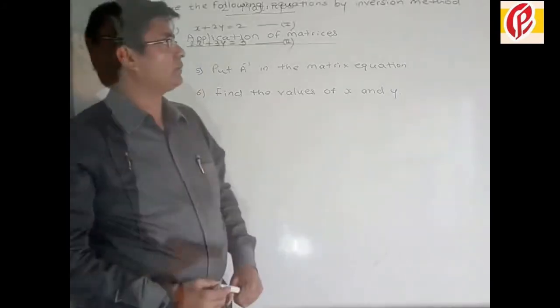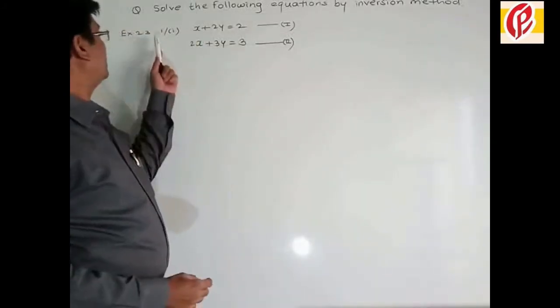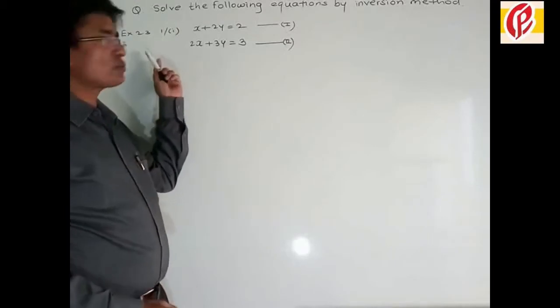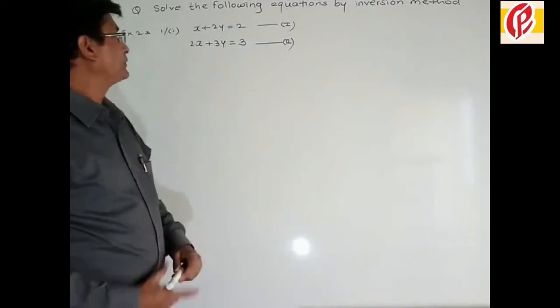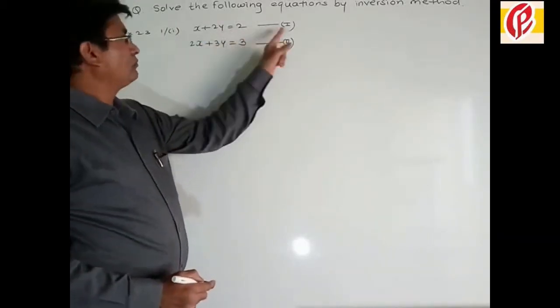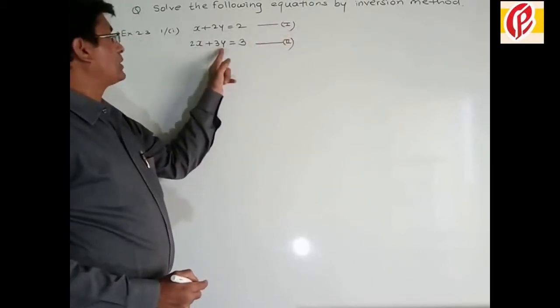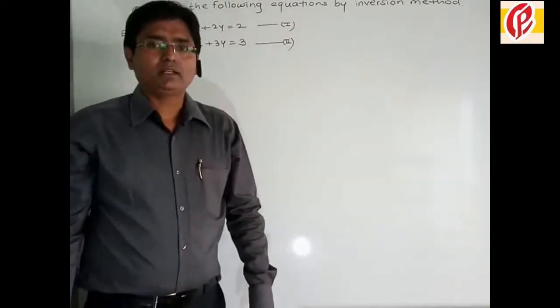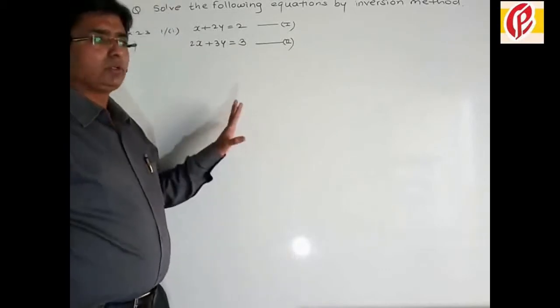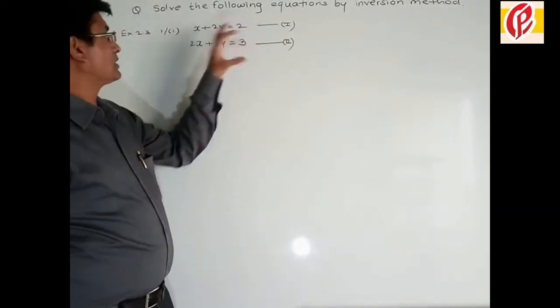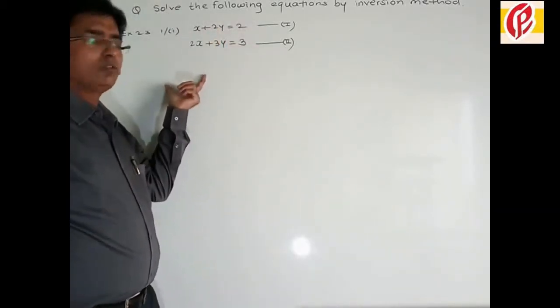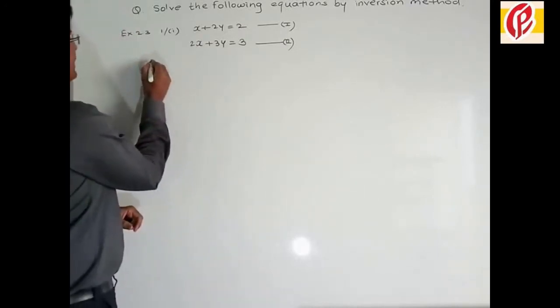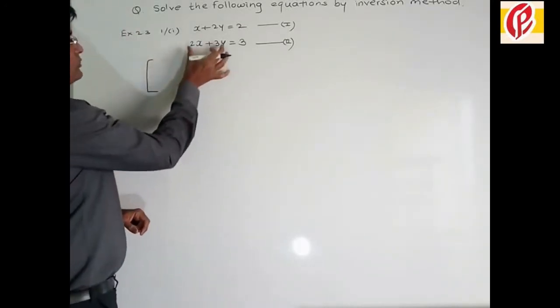Solve the following equations by inversion method. I will take question number 1 of exercise 2.3. First equation, x plus 2y is equal to 2. Second equation, 2x plus 3y is equal to 3. Now I will make these equations in the matrix form. So first matrix is the coefficient matrix.